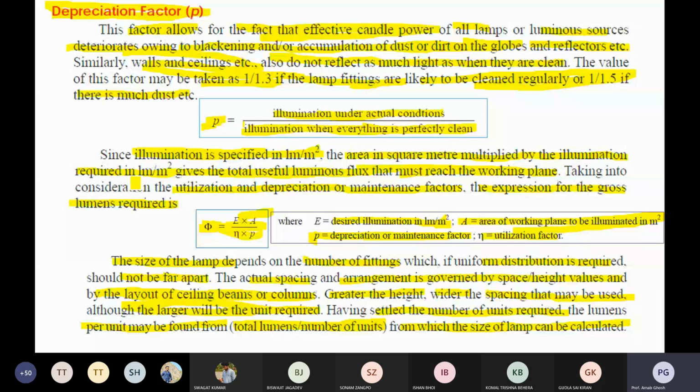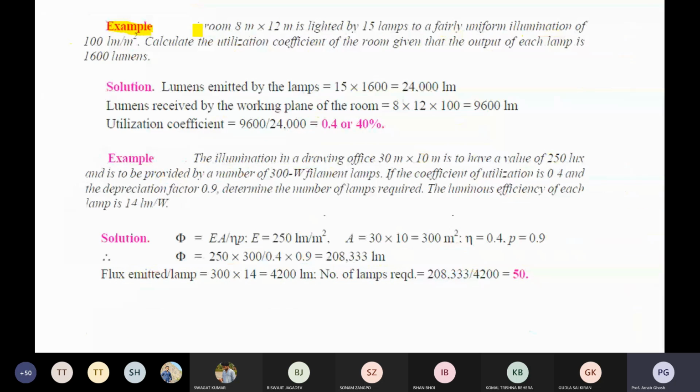So first, example 1. A room of 8 meter cross 12 meter is lighted by 15 lamps to give fairly uniform illumination of 100 lumens per meter square.